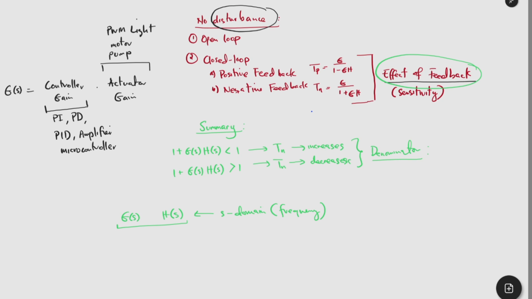Now we can look at the sensitivity of the overall gain. When we talk about the overall gain of a system in terms of sensitivity, we mean how the transfer function of the closed loop system responds as G(s), the gain of the open loop system, varies, which will cause the transfer function to vary in such a way that it affects the response of the system.